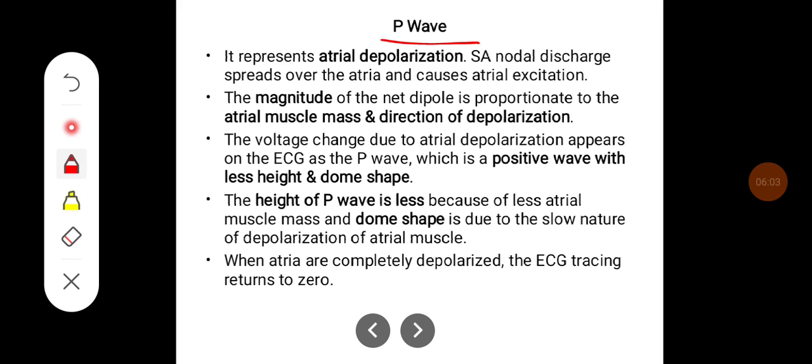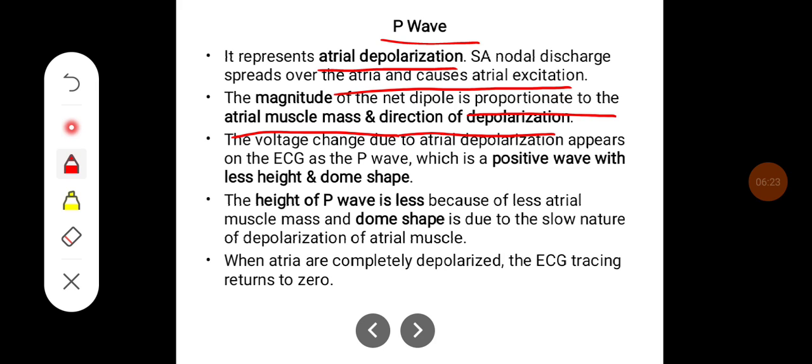The P wave in the ECG represents atrial depolarization. A sinoatrial nodal discharge spreads over the atria and causes atrial excitation. The magnitude of the net dipole is proportionate to the atrial muscle mass and direction of the depolarization.